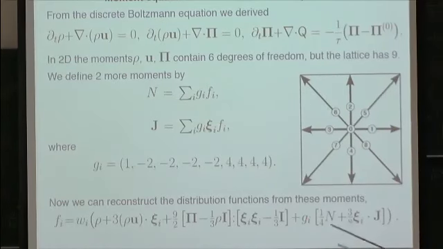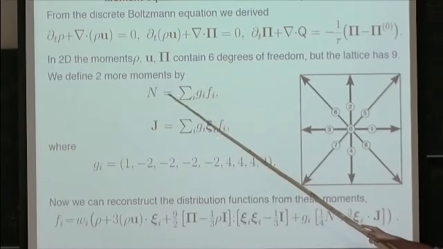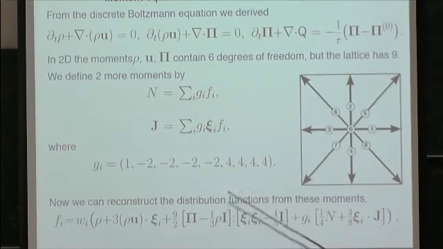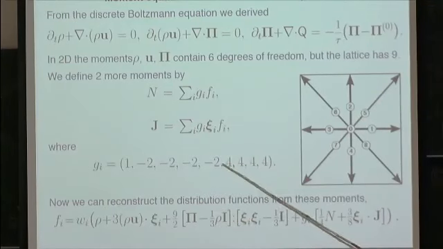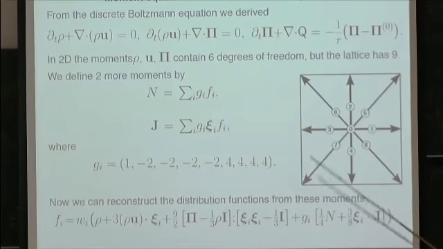So it's useful to define 2 new moments, one scalar, one vector, and this is just another set of weights, 1 in the middle, minus 2 along the axes, and 4 along the diagonals. So now I can do a complete reconstruction of the whole distribution function, involving not just density, momentum, and momentum flux, but also these n and the j.